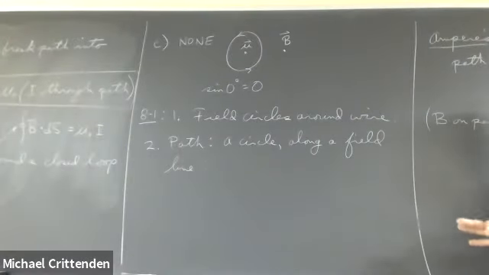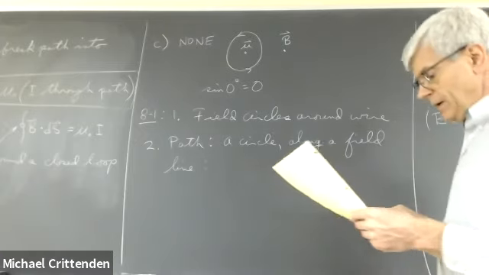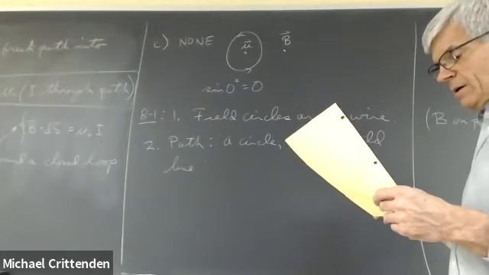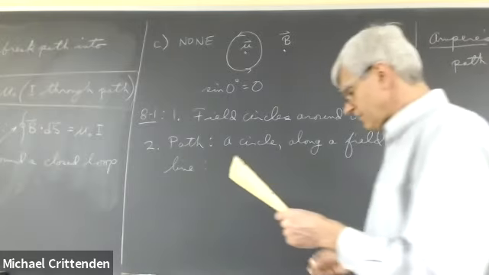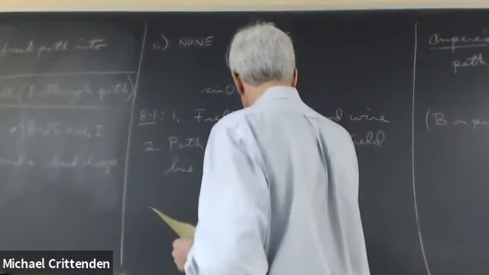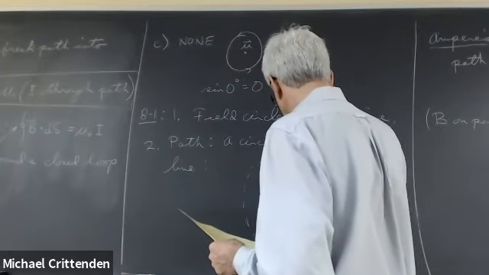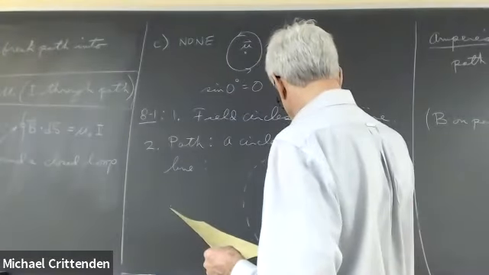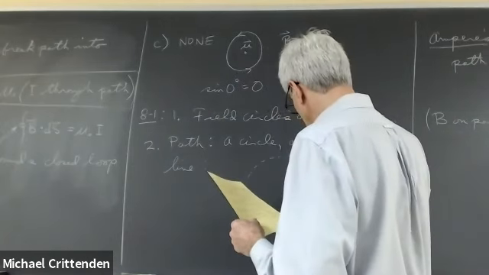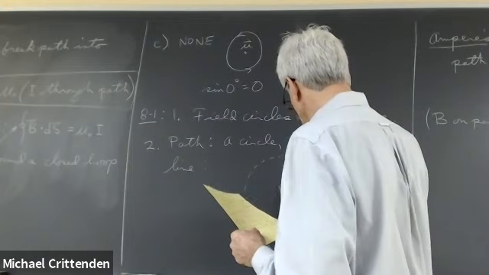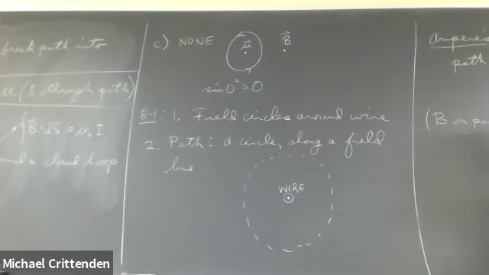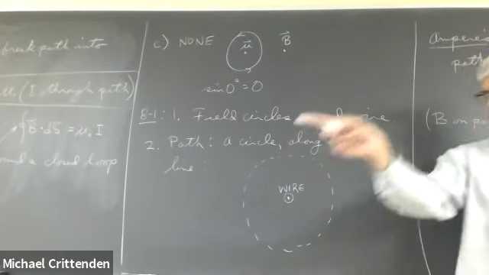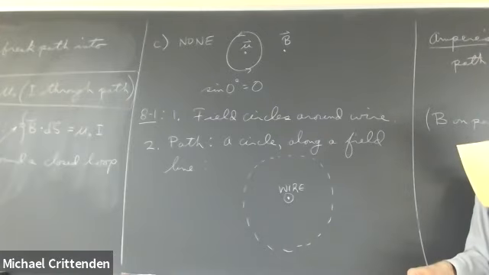So for my path, I'm going to use a circle that goes along one of the field lines. And I'll draw a little picture here. This would be an end view, as if the wire was sticking out of the page, current flowing toward you. So we've got the current flowing out this way through that wire in the middle there.